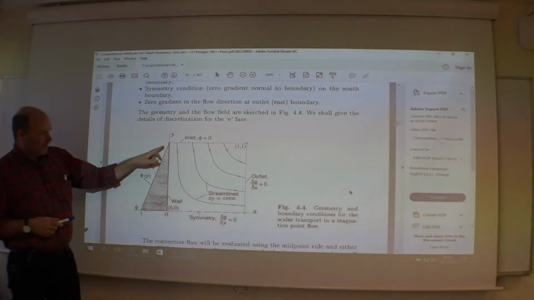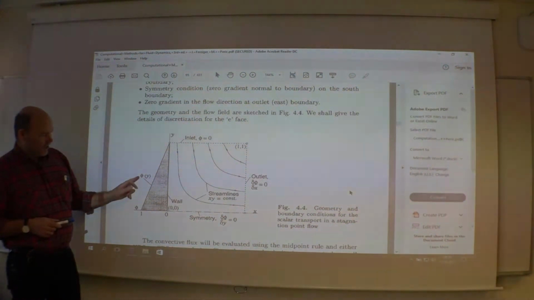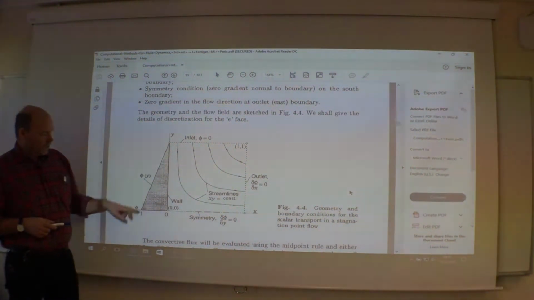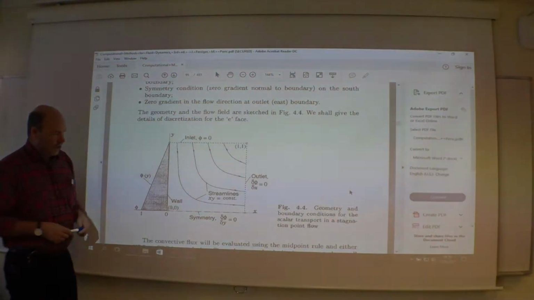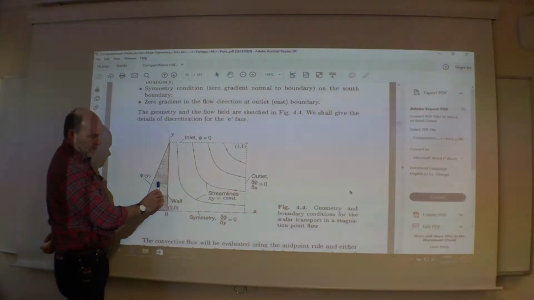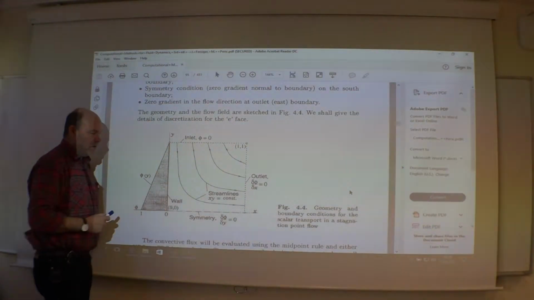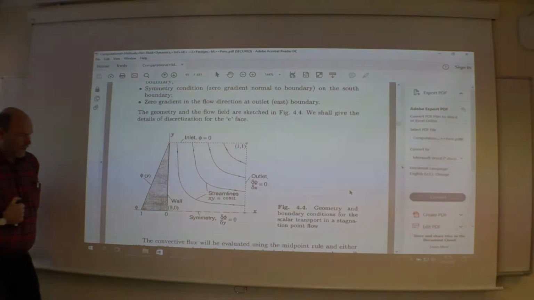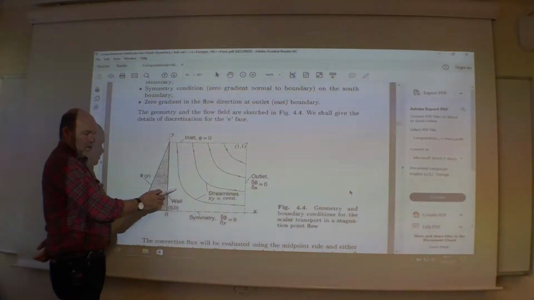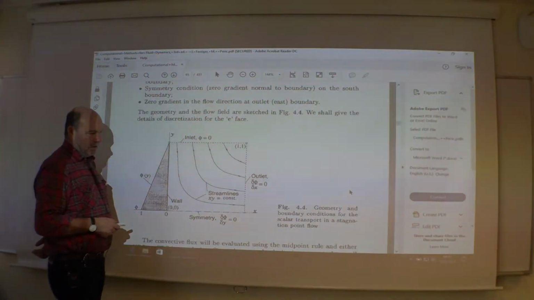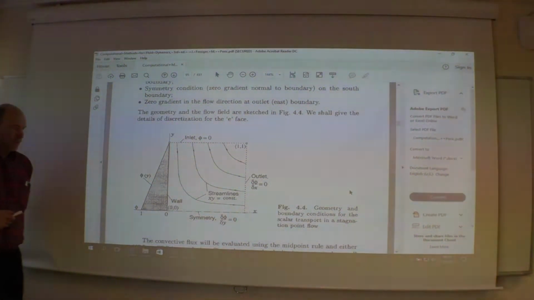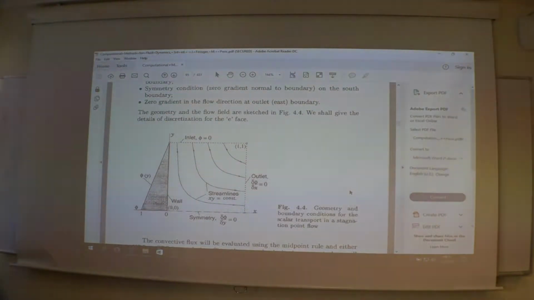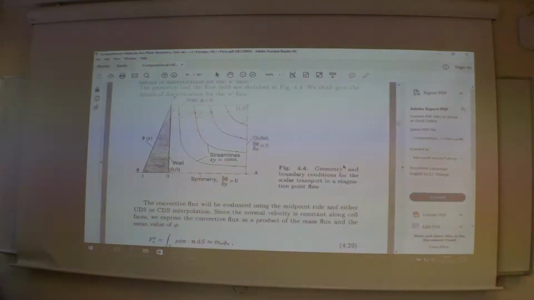But here we have an increasing value of phi from 0 to 1. So we will have some diffusion of this quantity phi, whatever it is, into the flow. So that is our problem. Fairly easy to program that one.